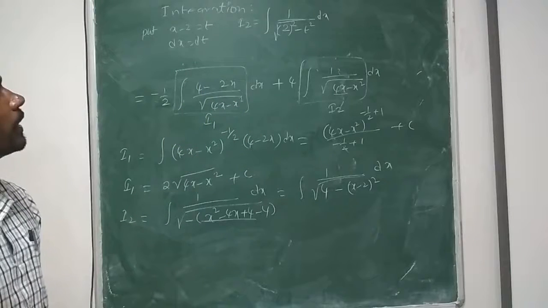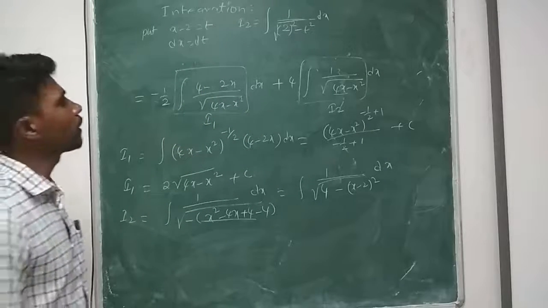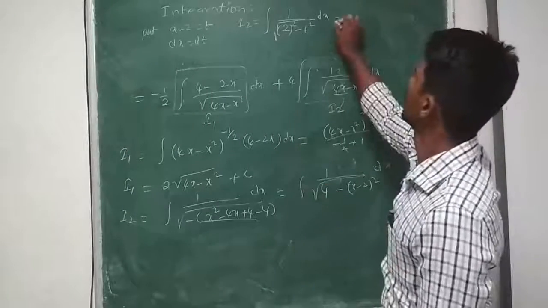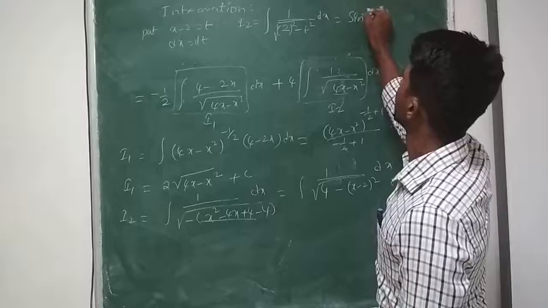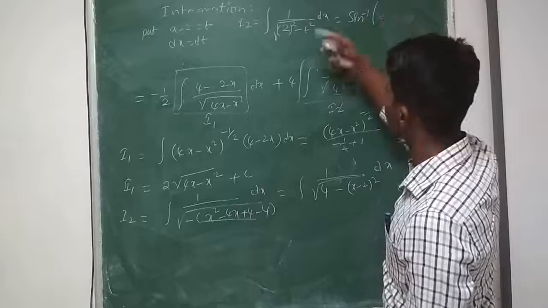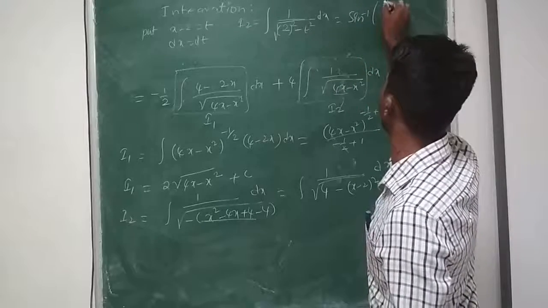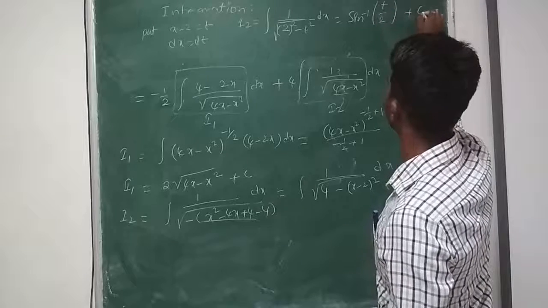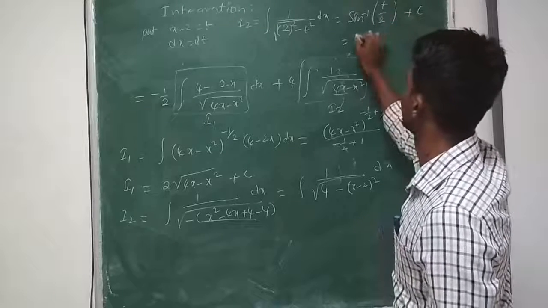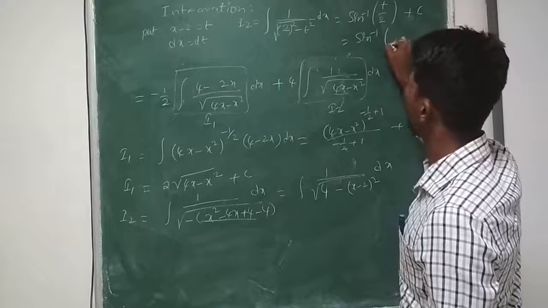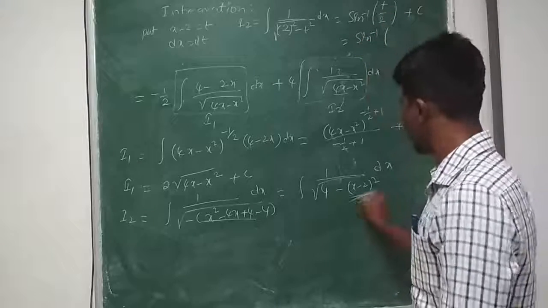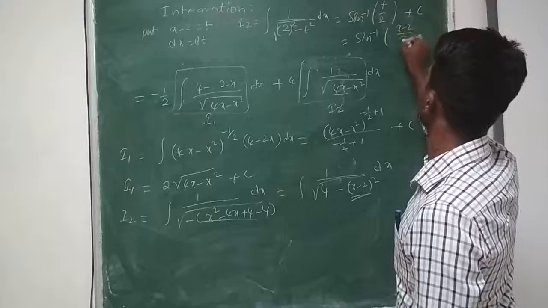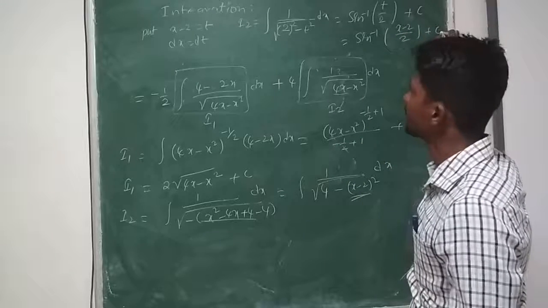That is nothing but sine inverse of x by a. In place of x I have t, so sine inverse of t by 2 plus a constant. Replacing the value of t, since I substituted x minus 2 as t, I get sine inverse of (x minus 2) by 2 plus a constant c.